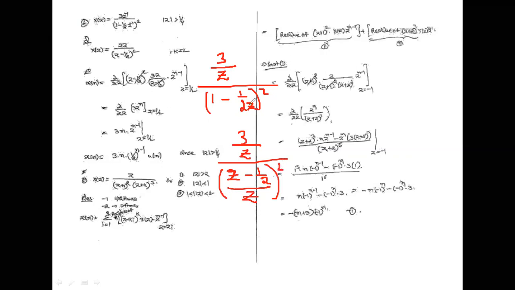So taking the LCM, z minus 1 by 2 by z whole square. Here there is a z in the denominator, and here a z square is in the denominator.